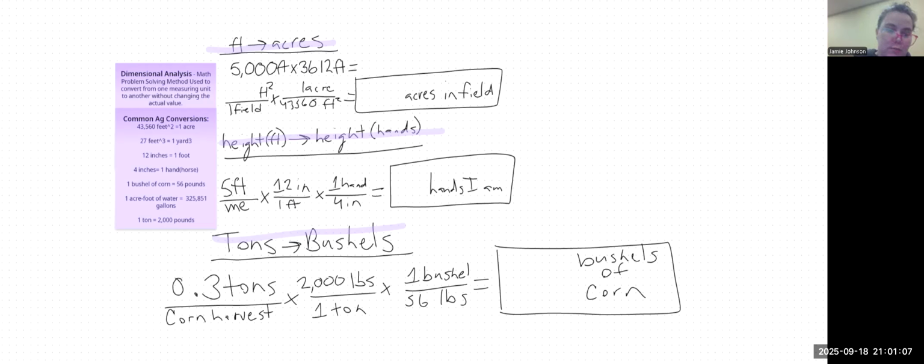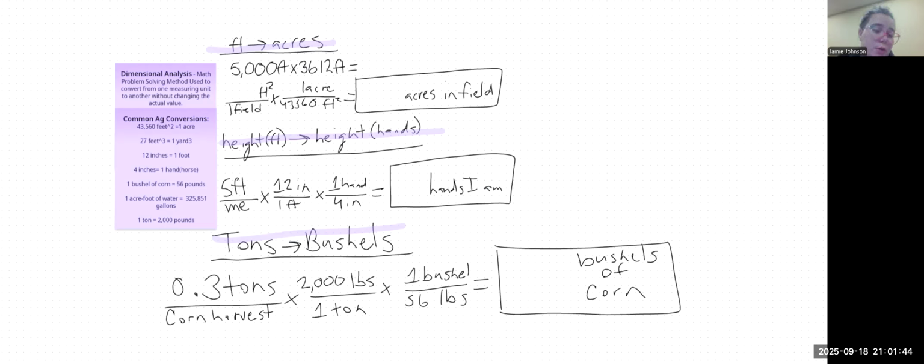So 1 foot of water by the 43,560 square feet, so 43,560 cubic feet of water over an acre, is 325,851 gallons. And I can do that dimensional analysis in my head because I've been doing dimensional analysis for the decade-ish now, and I'm kind of good at some of these ag measurements.